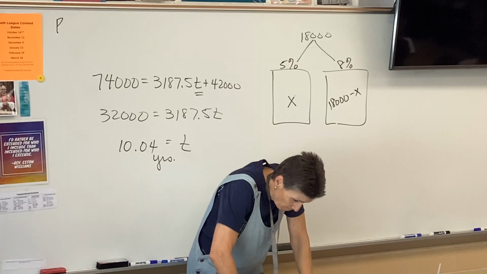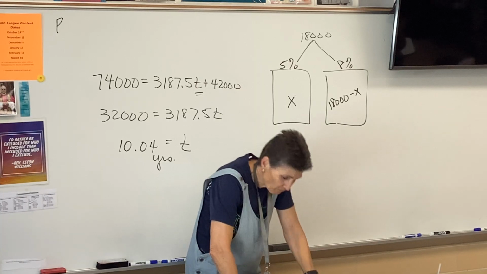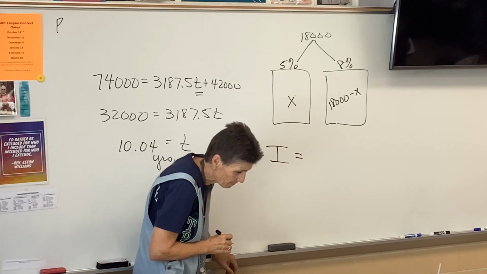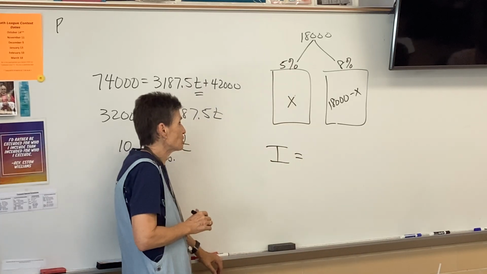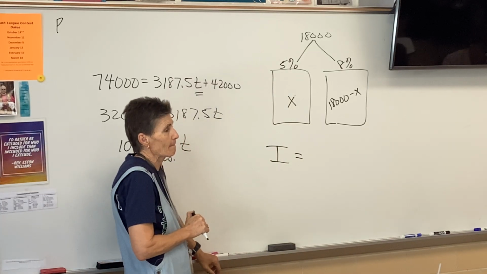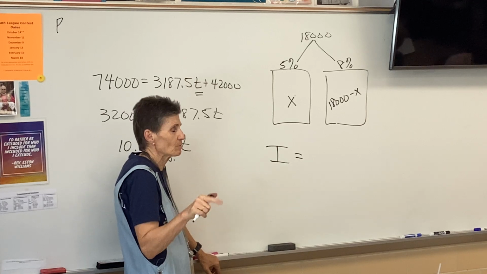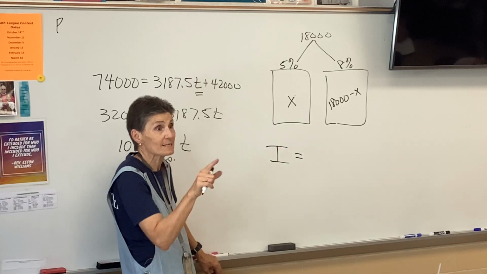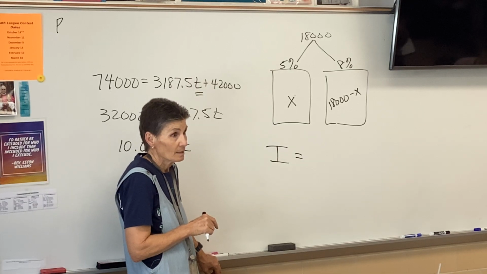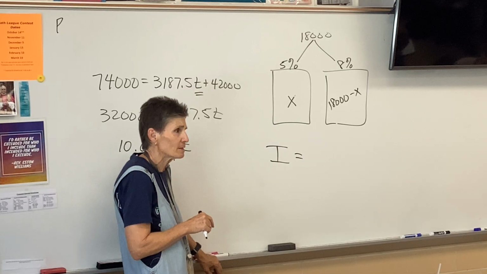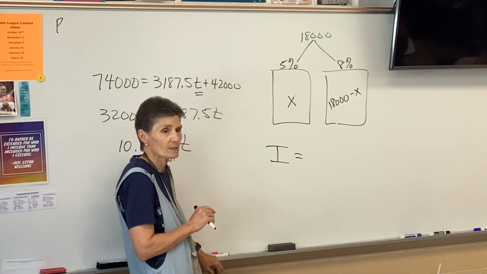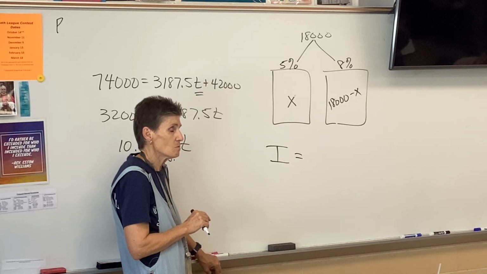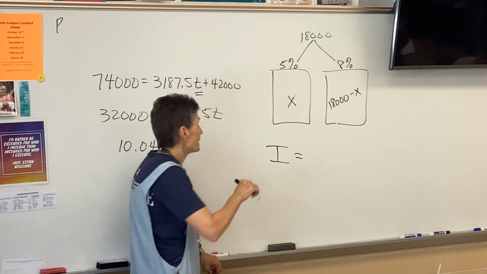All right. Write an equation for the interest. This is part B. I skipped A. We'll talk about it in a minute. Let's do B. How do you find interest? Simple interest. Not those big hard compound interest formulas, but just simple interest. Remember? I equals PRT.